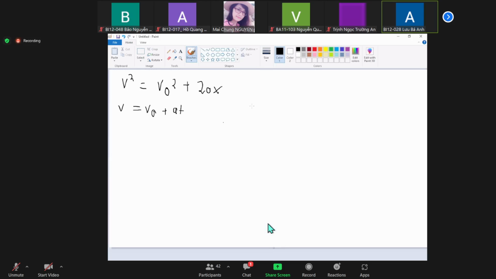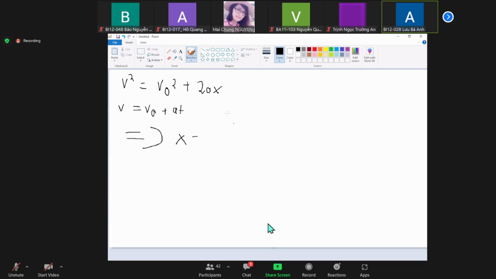With this question, I combine the two equations into that equation. x is the position where the block will stop.